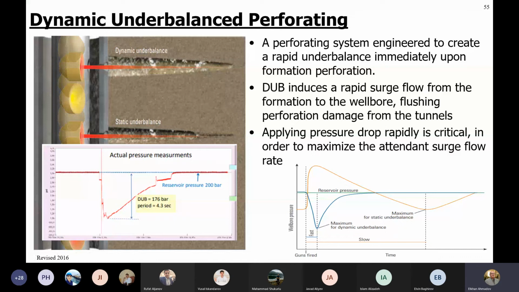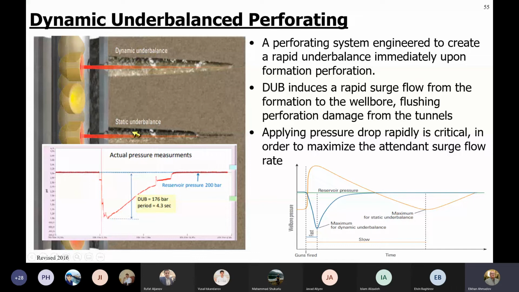But still, this underbalance pressure or pressure drawdown serves for cleaning the perforation tunnel by the reservoir fluid flowing through it. So we get all the crushed material, the perforation debris, out of the perforation tunnel.